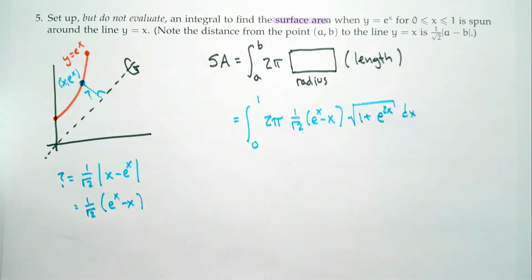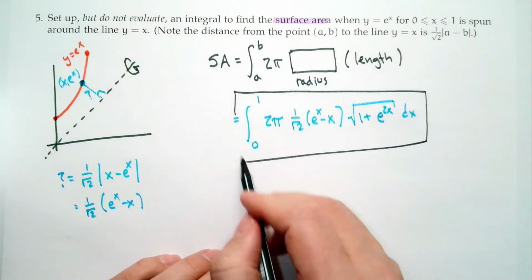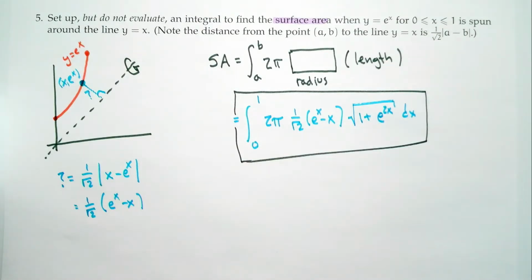Now, what's the next thing to do? Yes, that's right. We don't need to do anything else. That's the answer. Why? Because this is probably the most beautiful words that a student sees on the exam: do not evaluate. If you see those words, you should not evaluate.